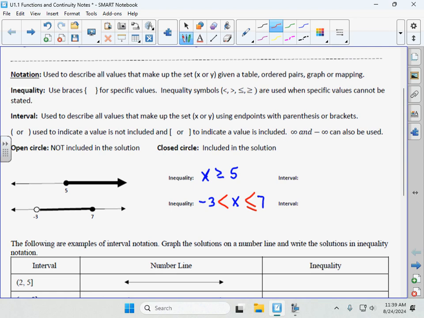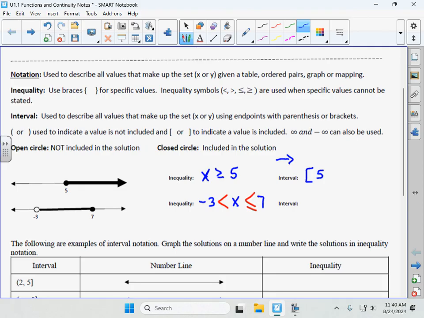Now in interval notation, we use the endpoints, and you're always working from left to right. As we move on this graph from 5 to the right, 5 comes first, so we put a bracket on 5, because the 5 has a closed circle.